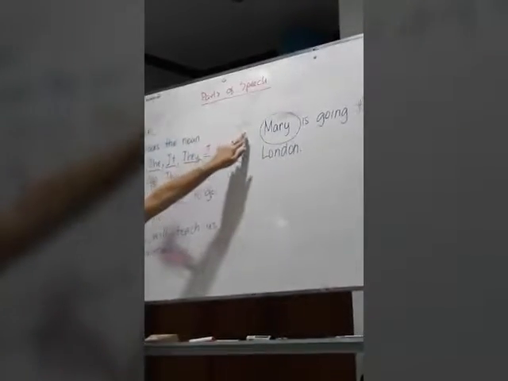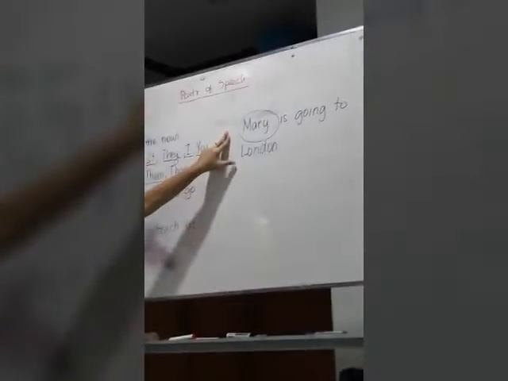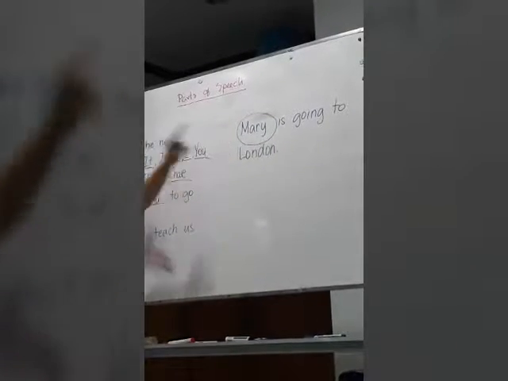Now, if your noun is Mary is going to London, what pronoun are we going to use? Mary is a girl, yes? So do you think he is the answer? No, it's not. It should be she, because she is a girl.